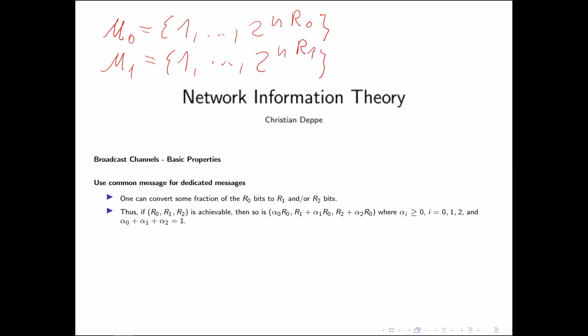And each message corresponds to a number. Now let us assume for some reason no common message is needed at all. And we allow the first decoder to use all bits, all information of the common message.